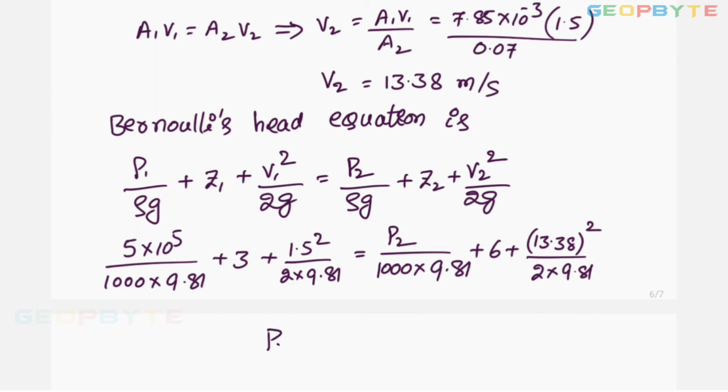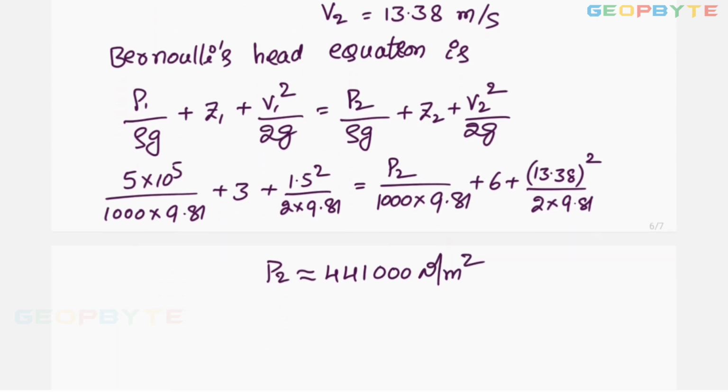Simplify this value for getting P2. I got 441 approximately. It is an approximate value, not exact, 441,000 Newton per meter square. So it is 441 kilopascal. That is the answer.